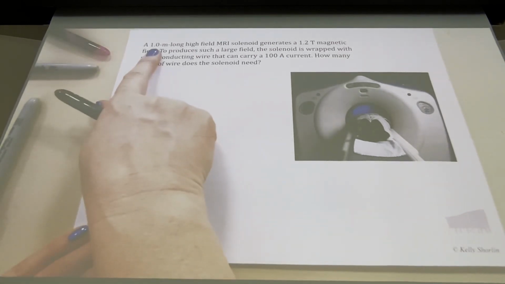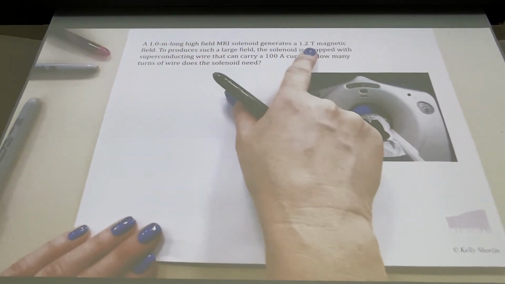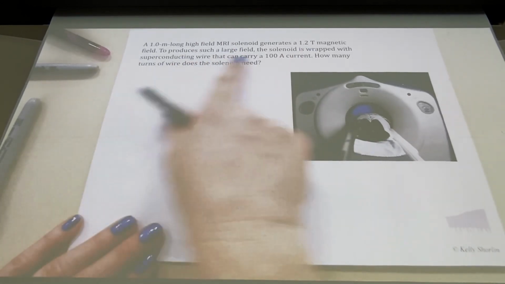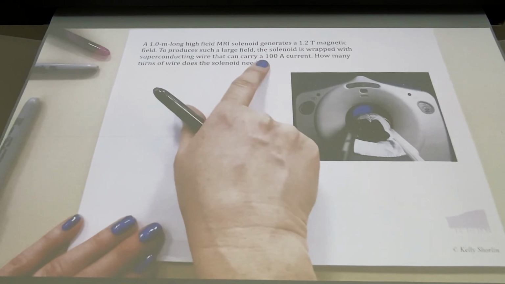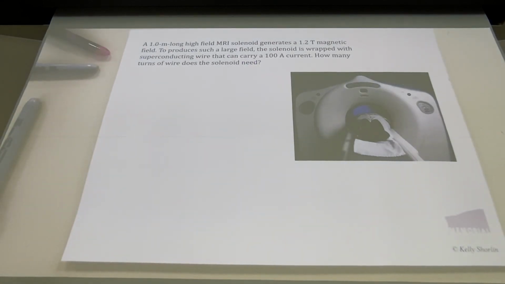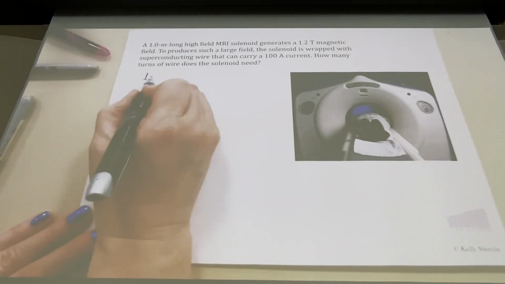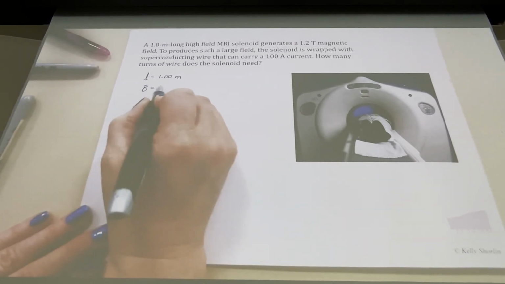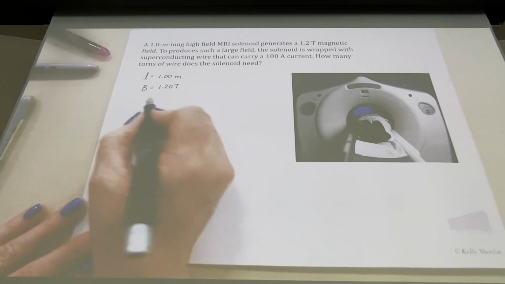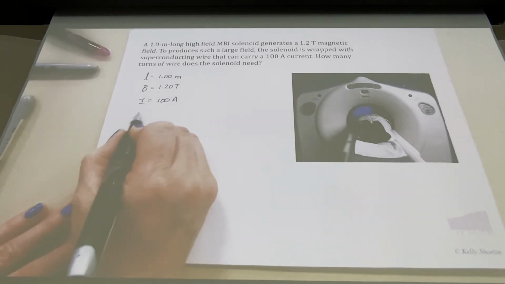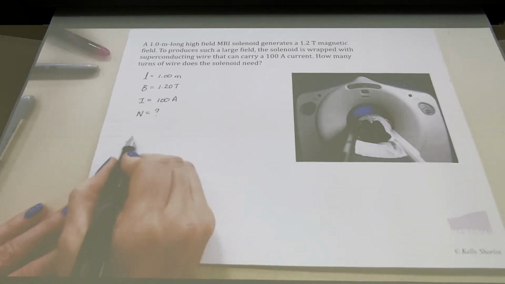So we've got a 1 meter long MRI. It's got a 1.2 Tesla magnetic field. That's a pretty big field. It's wrapped with wire that can carry 100 amps of current. How many turns of wire do we have to have? So we're looking for N. The length of our solenoid is 1 meter. The magnetic field at the center is 1.2 Teslas. The current we're running through it is enormous, 100 amps. And how many coils do we have?